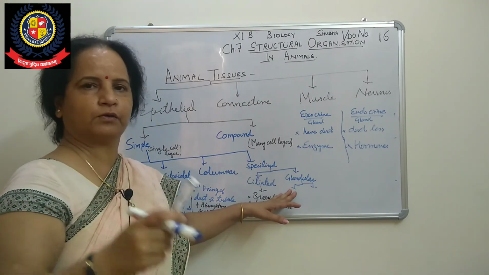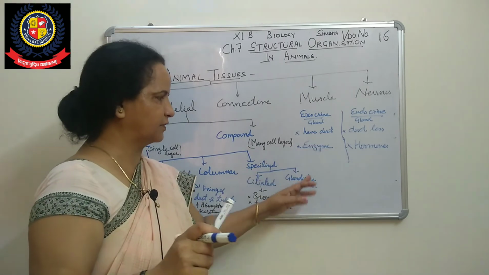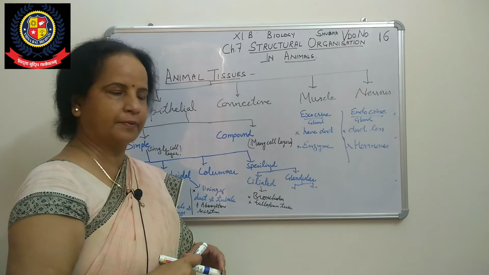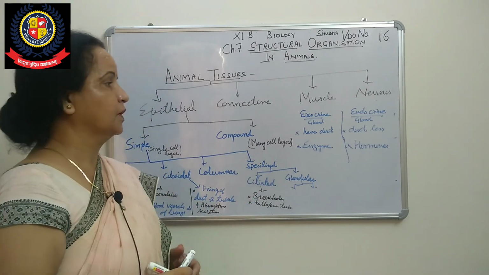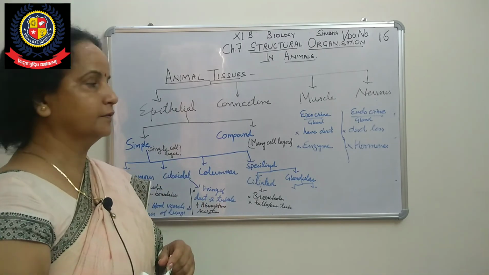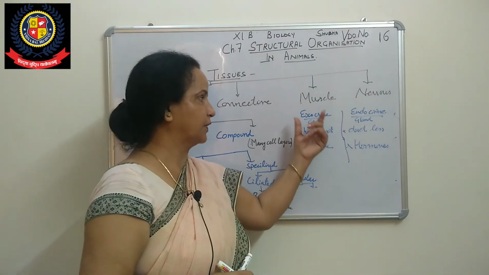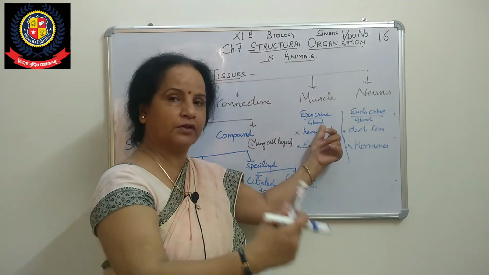We gave the example of goblet cells of the alimentary canal in human beings, and for multicellular glandular epithelium, the example of salivary glands in human beings and also in insects; cockroaches also have salivary glands. The second basis is the manner in which they pour their secretion.